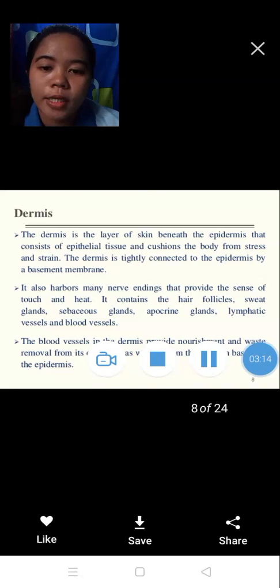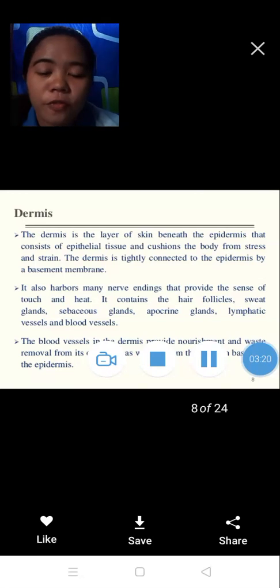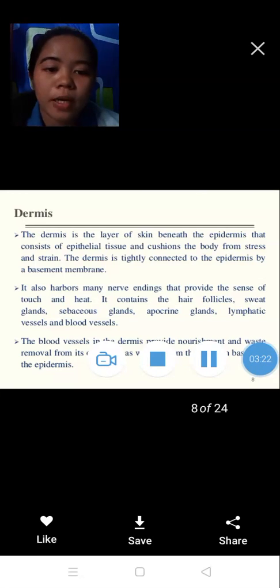Next is the dermis. The dermis is the layer of skin beneath the epidermis that consists of epithelial tissue and cushions the body from stress and strain. It is tightly connected to the epidermis by a basement membrane. It also harbors many nerve endings that provide the sense of touch and heat.